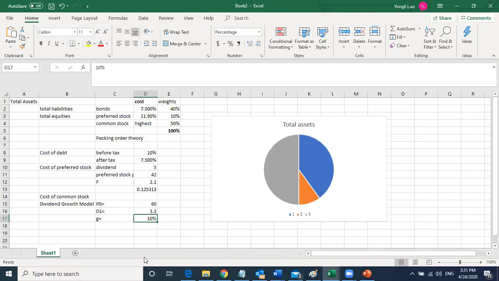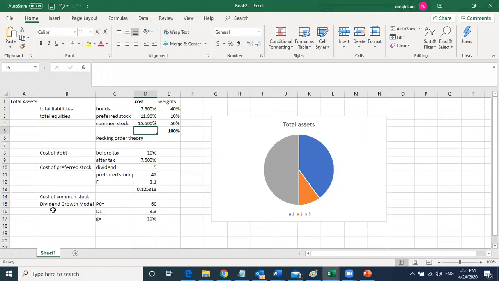Okay, the cost of common stock using the dividend growth model is equal to D1 divided by P0 plus G%. That's your cost of common stock. We get 15.5%.